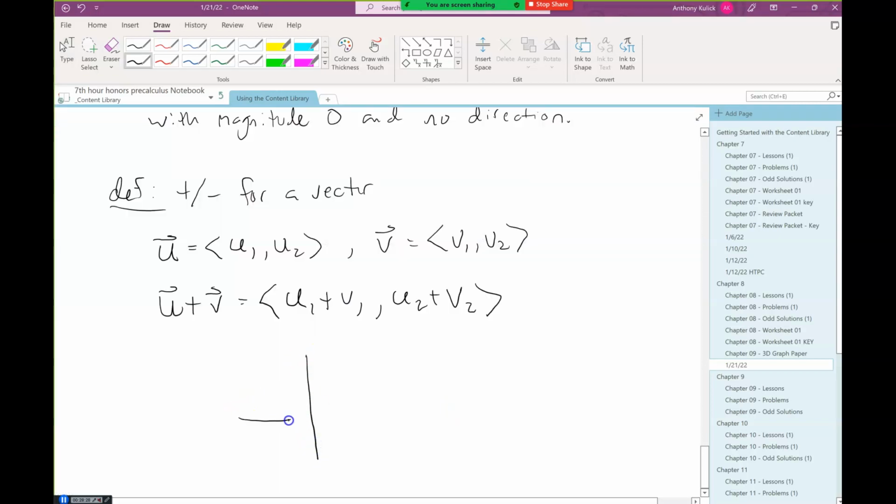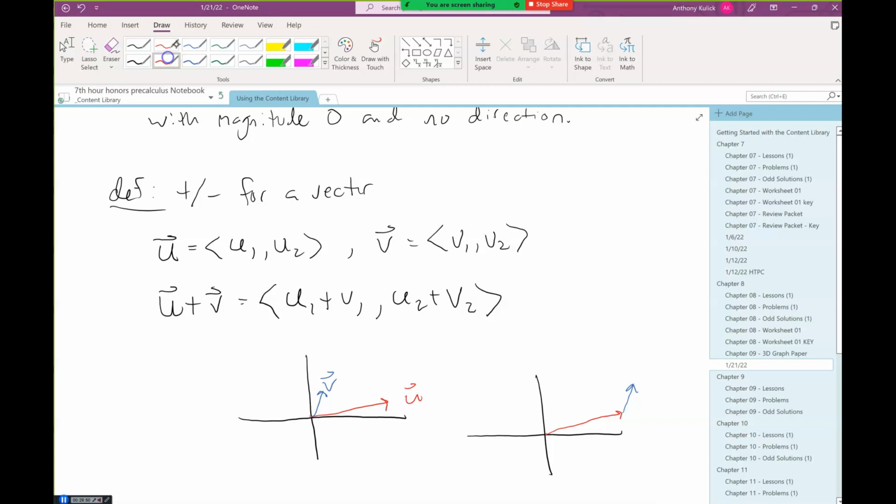Graphically, what's going on here? So let's say we have the vector u is this, and maybe the vector v is that. If we draw u plus v, we draw u, and then where u ends, we draw v.